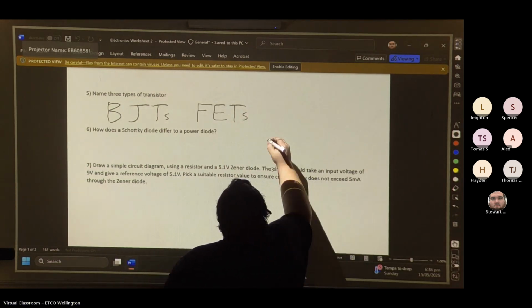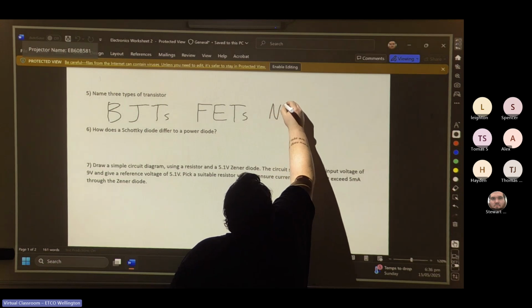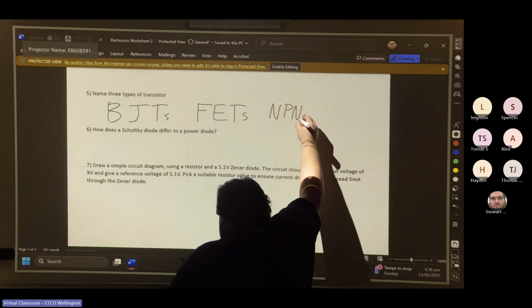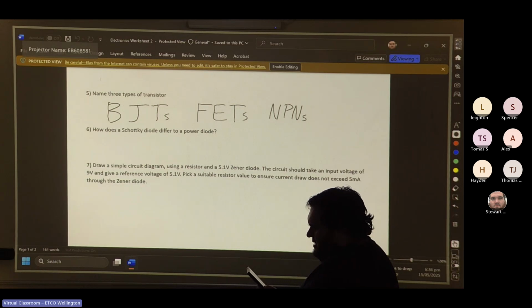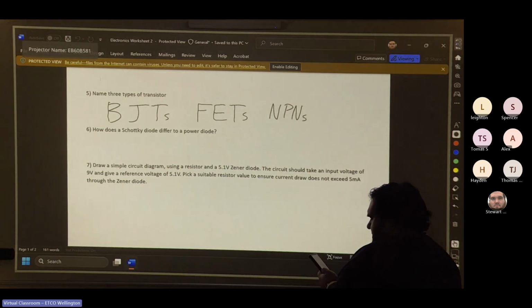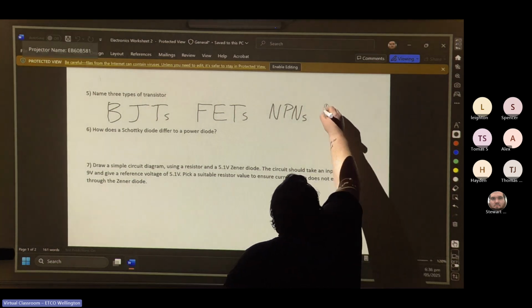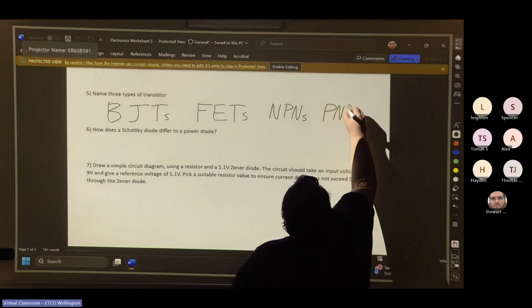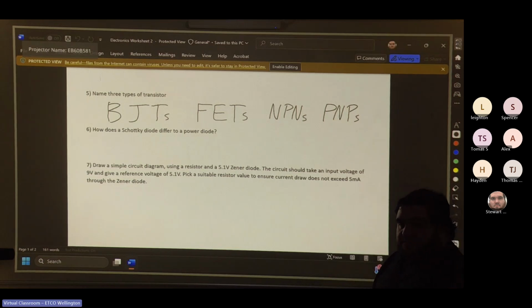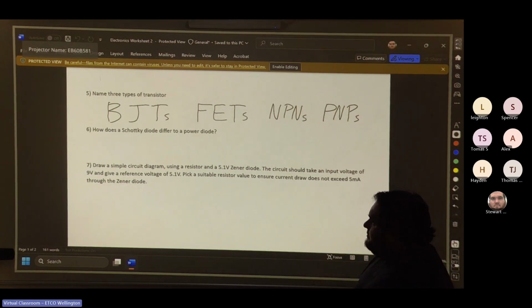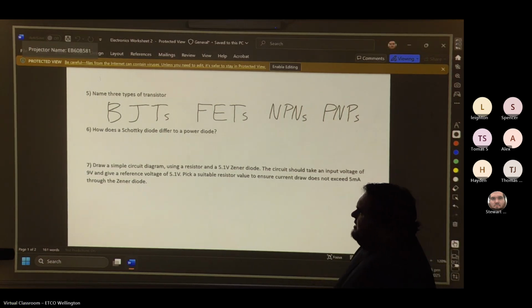Yep. That's a good one. So an NPN is 2 N types sandwiching a P type, and then we also have PNPs as well. Yep. So there we go. That's 4 examples instead of 3.